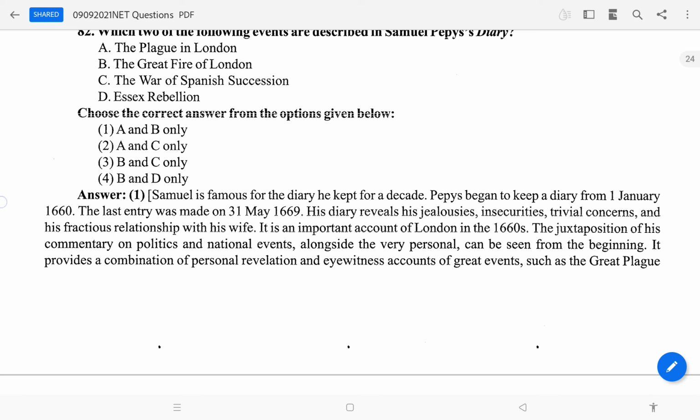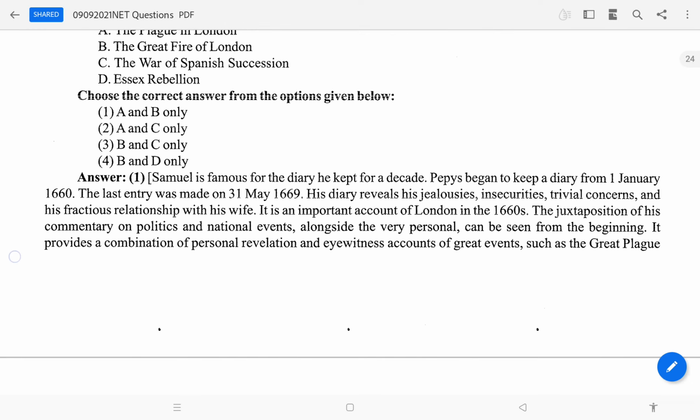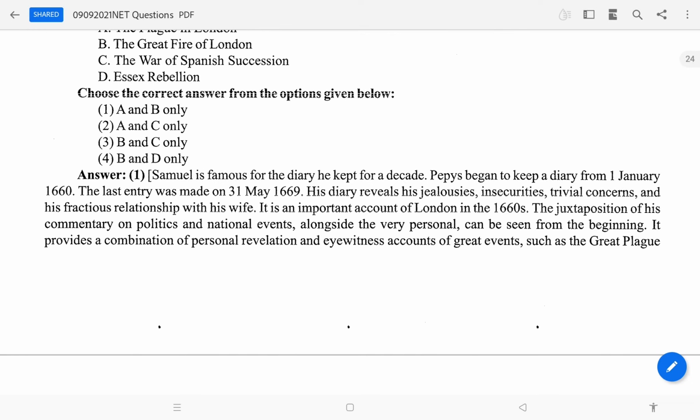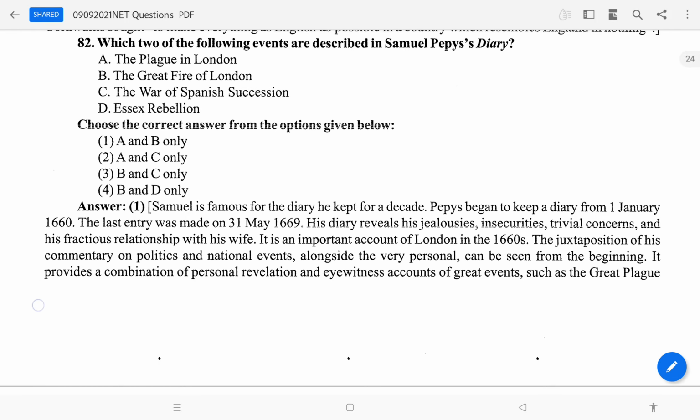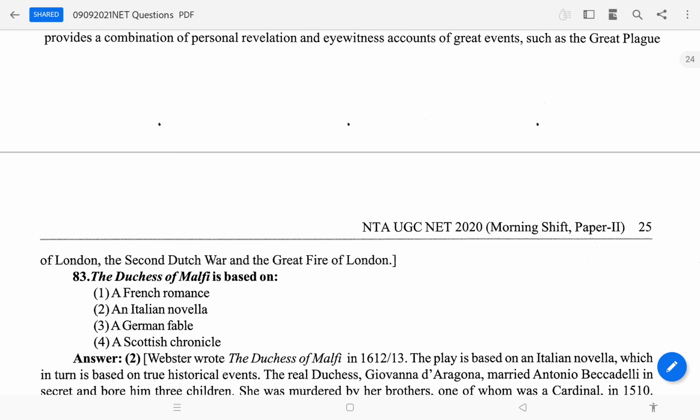The juxtaposition of his commentary on politics and national events alongside the very personal can be seen from the beginning. It provides a combination of personal revelation and eyewitness accounts of great events such as the Great Plague of London, the Second Dutch War, and the Great Fire of London.